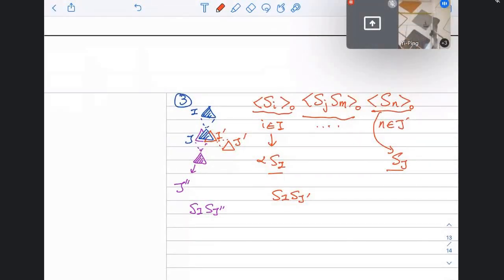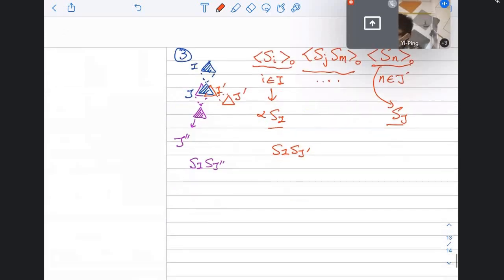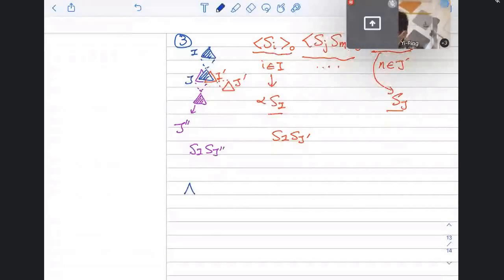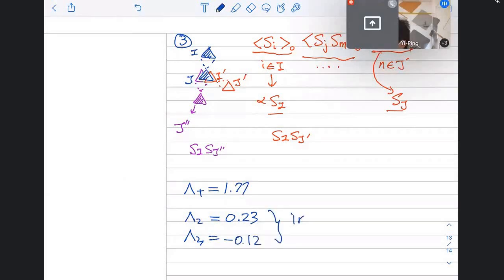So basically that's the effect, and what you will find is that you will have a modified nearest neighbor coupling, some value like 1.77, and you will have new couplings like second neighbor and third neighbor couplings, and the corresponding eigenvalues will be smaller than one. These are what we call the irrelevant couplings.